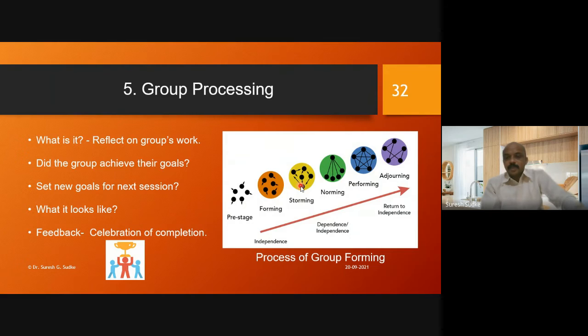But as soon as we have to achieve our goal within the prescribed period of time, we try norming. We align ourselves with each other to achieve the common goal, and that is called norming. And then we start performing. When we start performing, we are achieving our common goal.